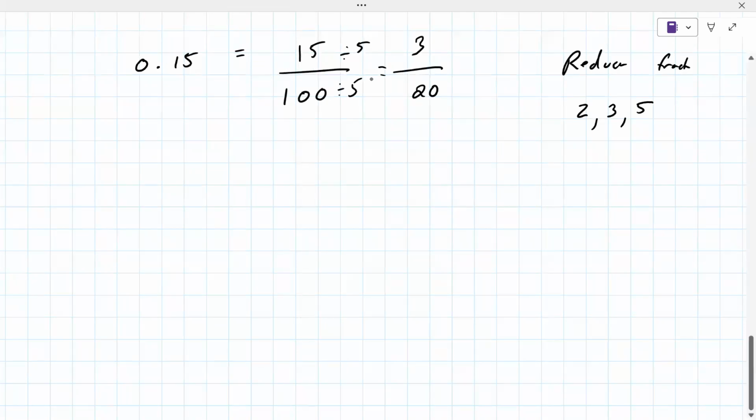Okay, all right. Let's try another one here. How about 0.8 or 80? Let's go 80. So what would that be as a fraction?